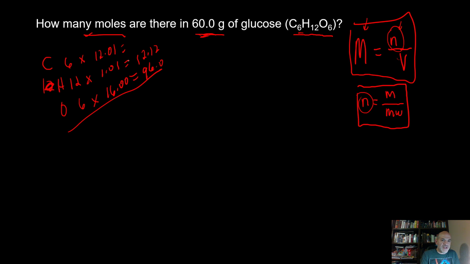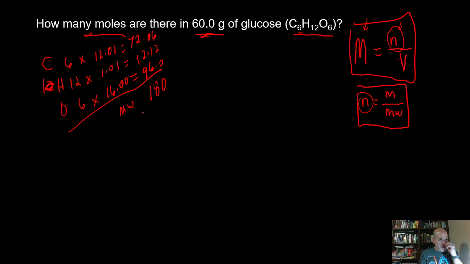Here I'm okay if you round a little bit. 6 times 12 is about 72. Now all we have to do is add them all up, and you get approximately 180. That would be the molecular weight.